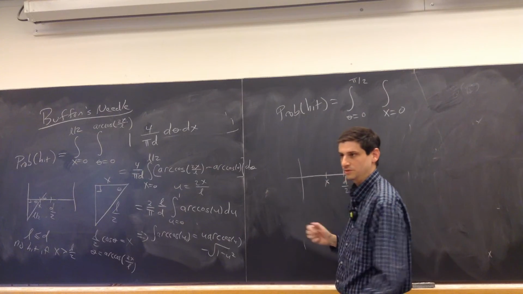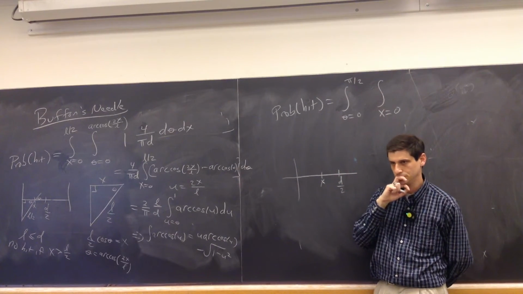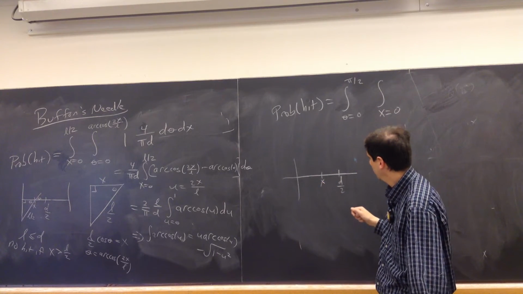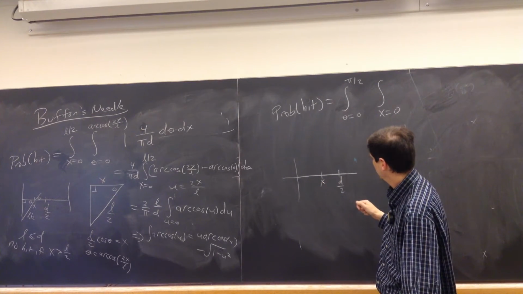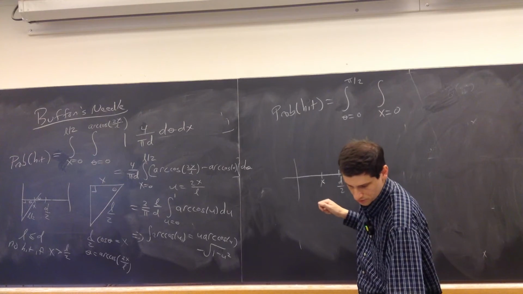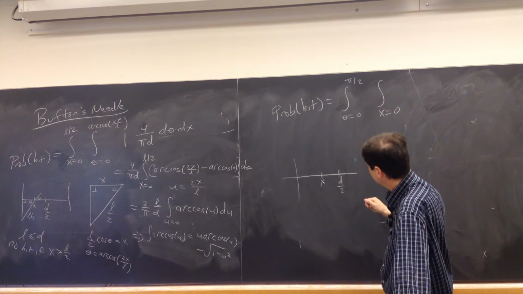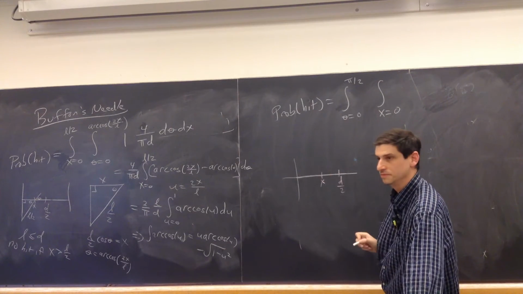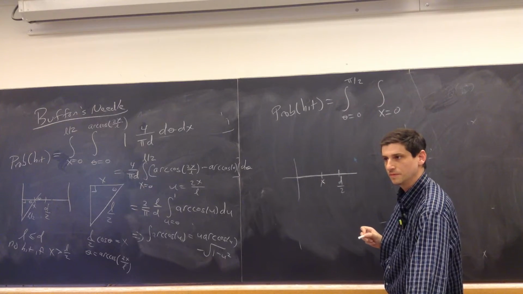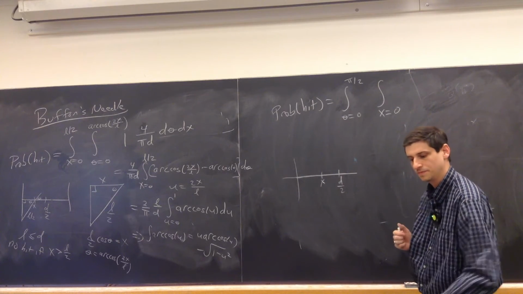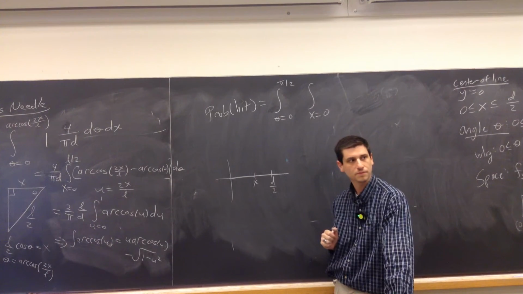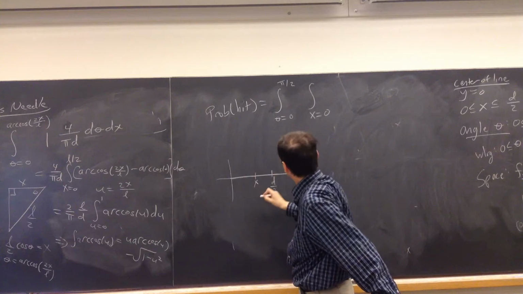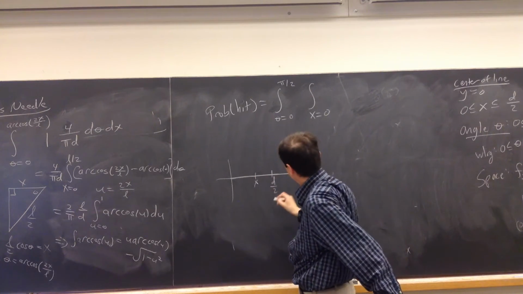Here's an angle of 0. Okay. So what do we want this distance to be? We've talked about this before. How far can this be? L over 2. So x goes from 0 to L over 2.